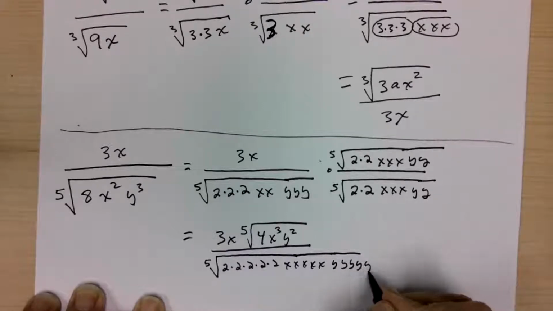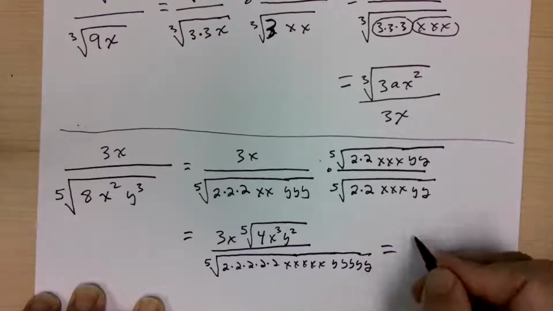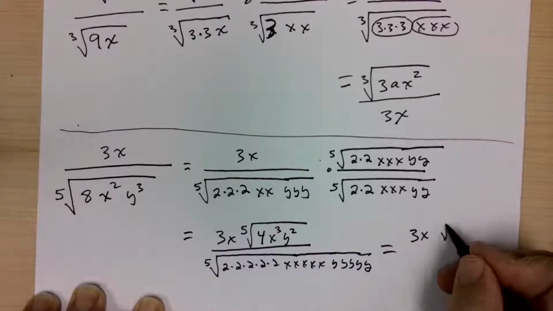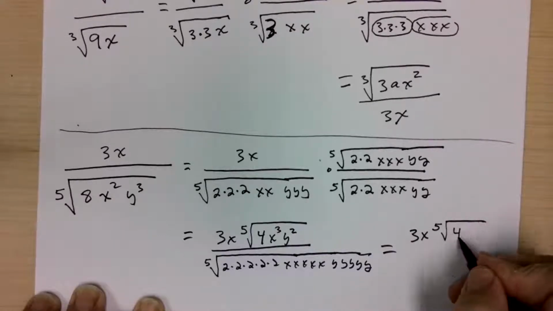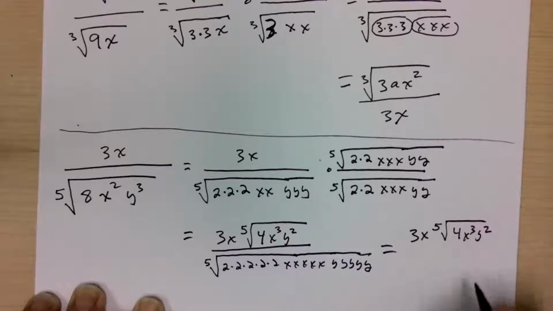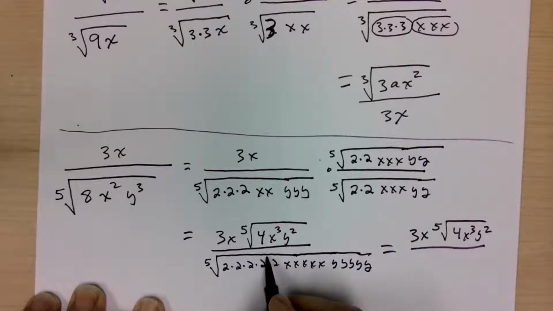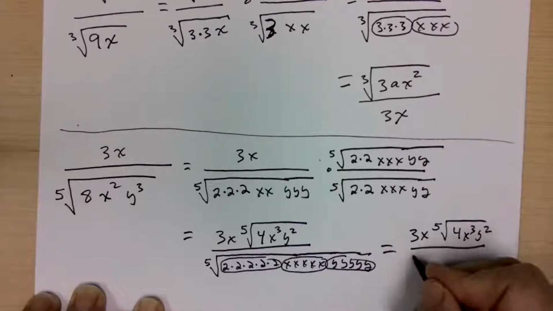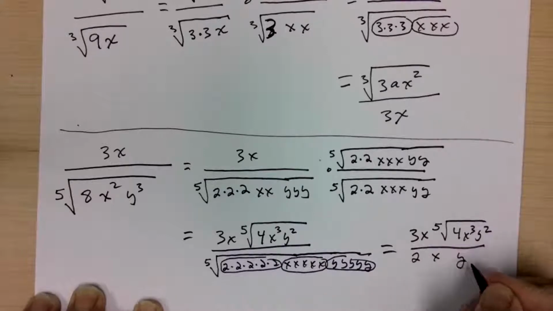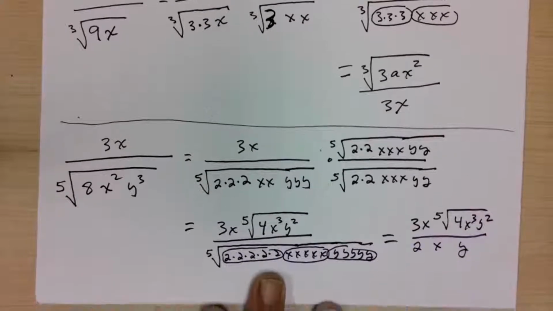So upstairs we have 3x times the fifth root of 4x cubed y squared. Downstairs, we have a 2 that comes out, an x that comes out, and a y that comes out. But this is one case when you can divide out.